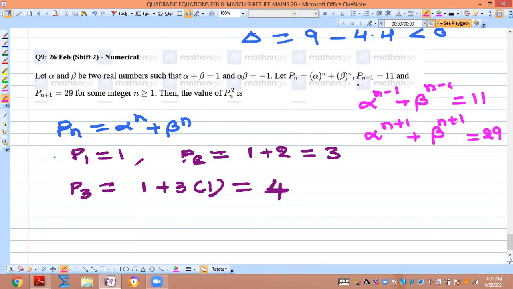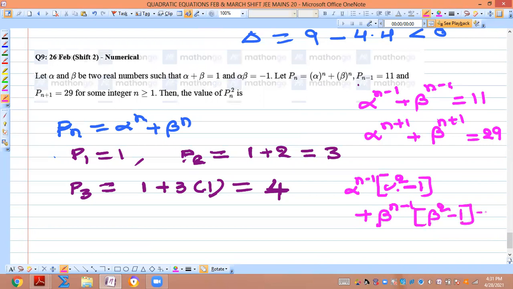So once you subtract these two equations, if you take alpha power n minus 1 common, that is nothing but alpha square minus 1 plus, similarly, beta power n minus 1, beta square minus 1 is equals to 18.